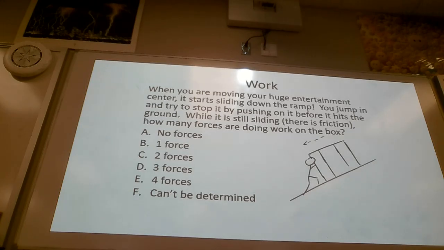Have a conversation. It just depends if it's still sliding. It's not moving. Mr. Smiley, does gravity do work? In this scenario, we'll talk about it.